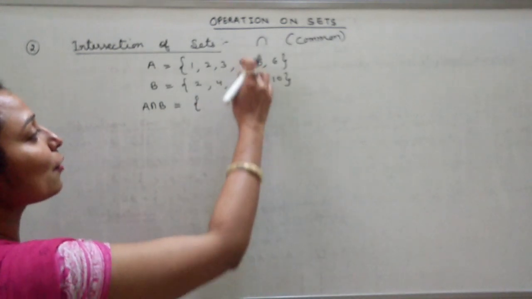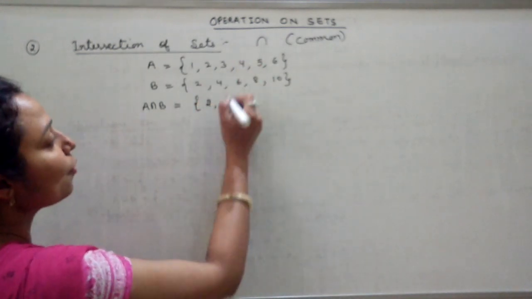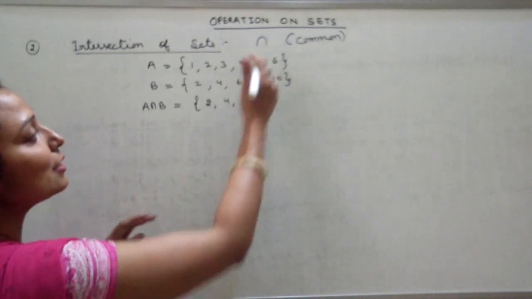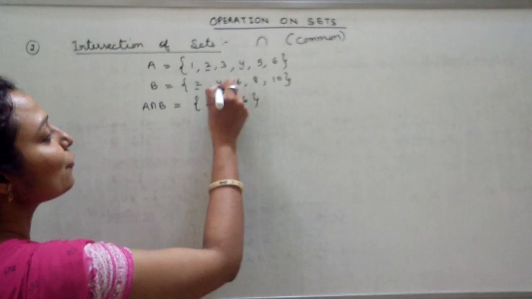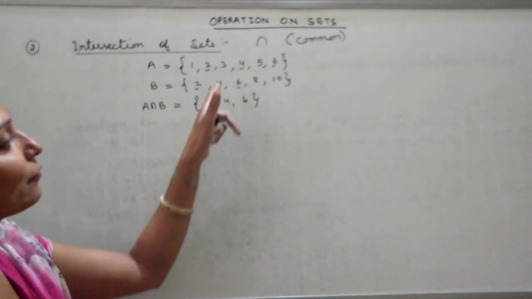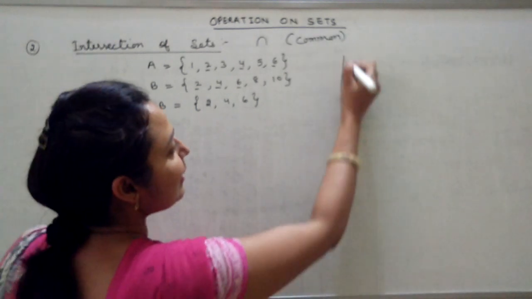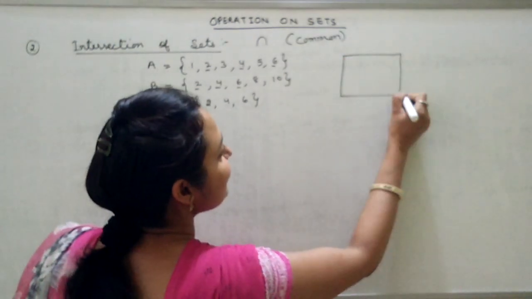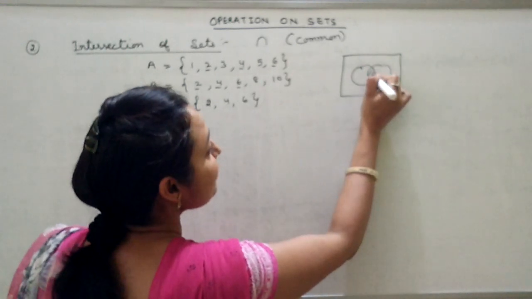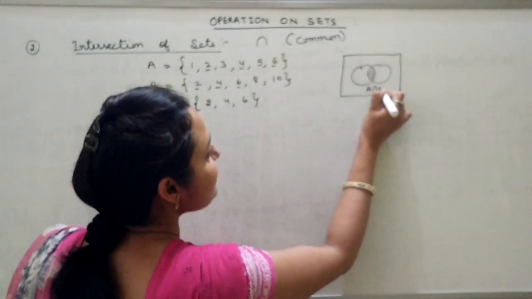You have to take the common elements 2, 4, 6, which are common in these two: 2 and 2, 4 and 4, 6 and 6. In a Venn diagram, let us suppose we have two sets A and B. This is the common portion. This is known as A intersection B.